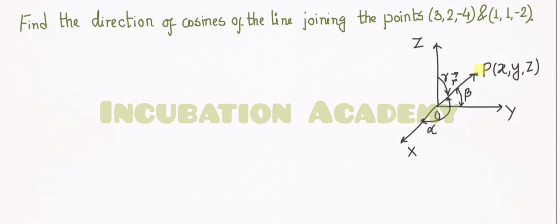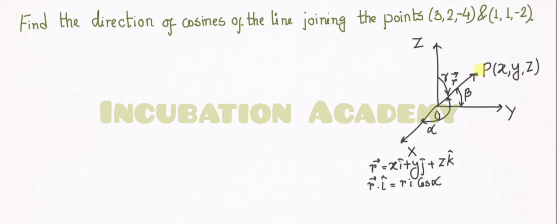If this r vector is xi cap plus yj cap plus zk cap, then the angle this r vector makes with the x-axis can be found by simply doing r dot i cap. What is r dot i cap? It is magnitude of r, magnitude of i, cos alpha.